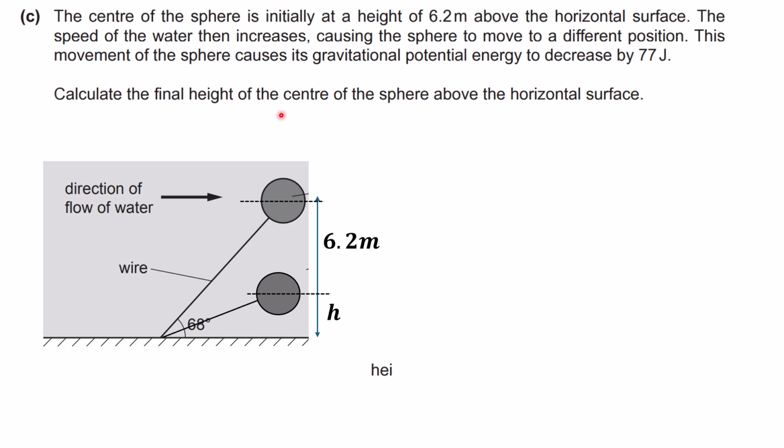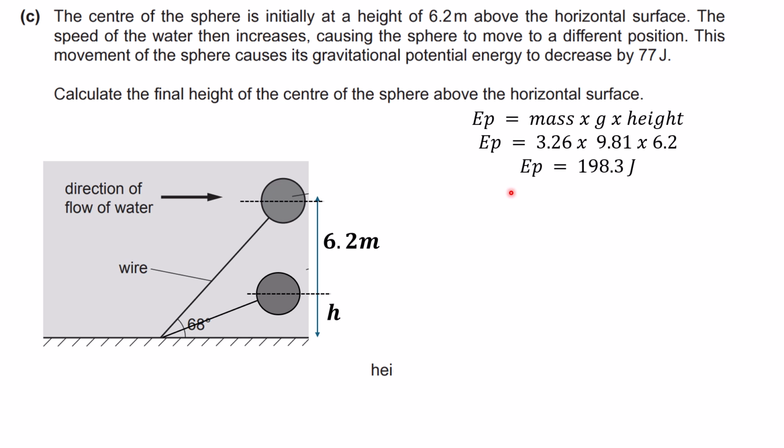Calculate the final height of the center of the sphere above the horizontal surface. So we are using the formula for potential energy, which is mass times g times height. The mass is 3.26, which is the weight of the sphere divided by 9.81, so 3.26 times g times the height, 6.2.